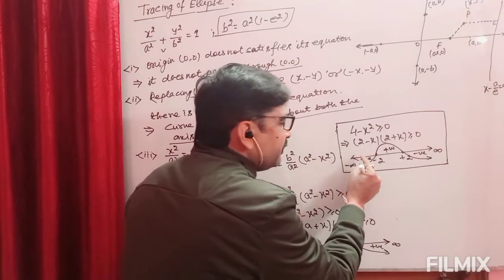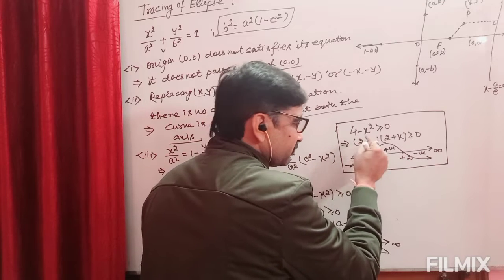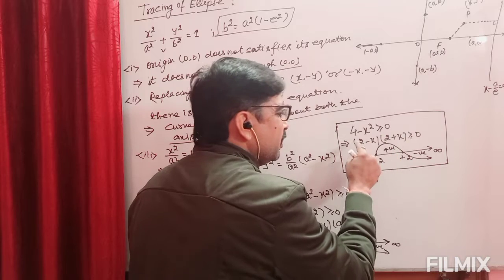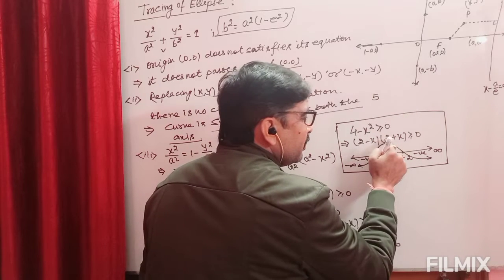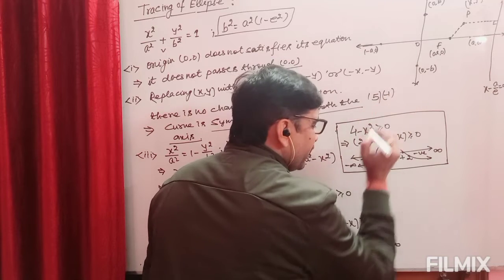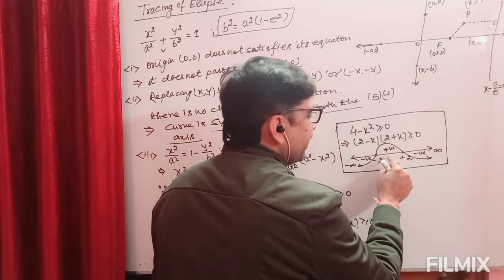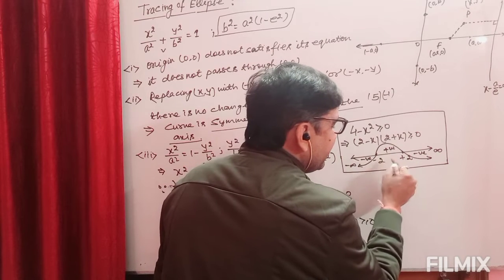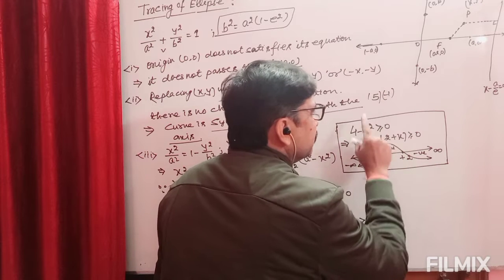If you are choosing -3, then 2 minus -3 that is positive, and 2 plus -3 that is -1. 2 minus -3 it will be 5, and 2 plus -3 it is -1. So plus into minus is minus. In the second, take 0. When you put x equal to 0, as 0 is available in the interval from -2 to +2, 2 and 2 both are positive.